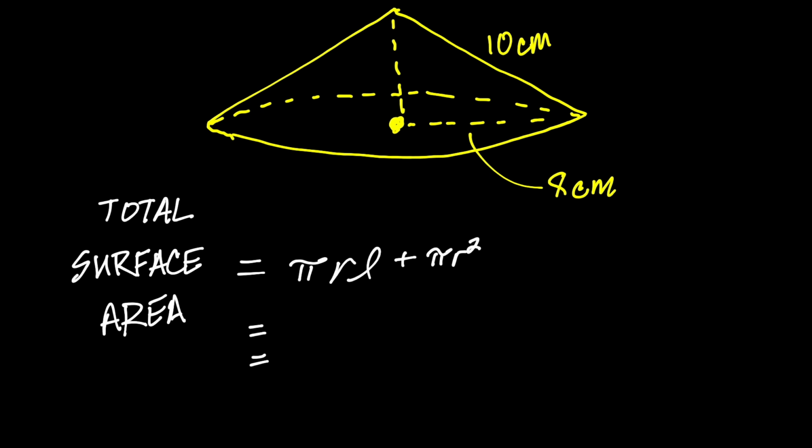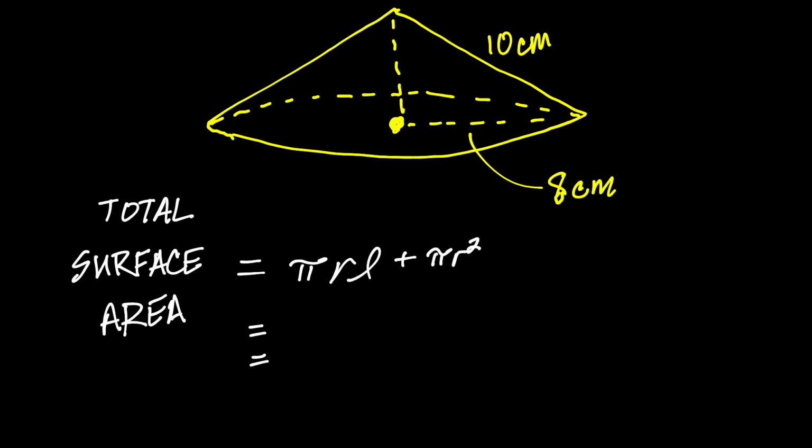We still have 8 centimeters for my radius. So this piece here is the radius, and it's 8 centimeters. And this piece is the slant height, and that is 10. Remember, the slant height is the L piece here.